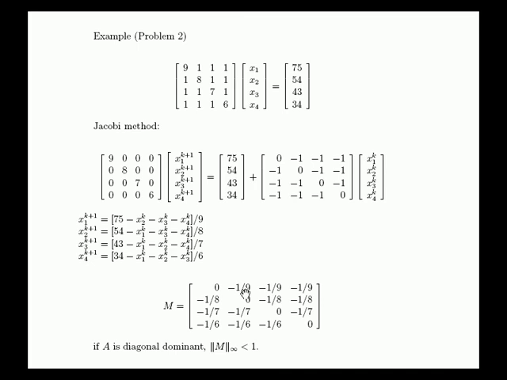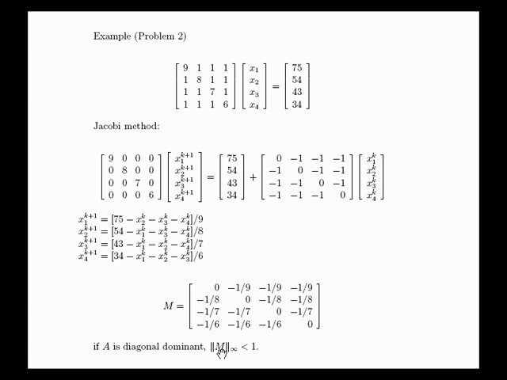Therefore, as you can see, that guarantees that the infinity norm of the M matrix is going to be less than 1 because the denominator is bigger than the sum of all the numerators in each row, so the row sum is less than 1. So if a matrix is diagonally dominant, the Jacobi method is guaranteed to converge because the M matrix will have a norm less than 1, therefore all eigenvalues less than 1.